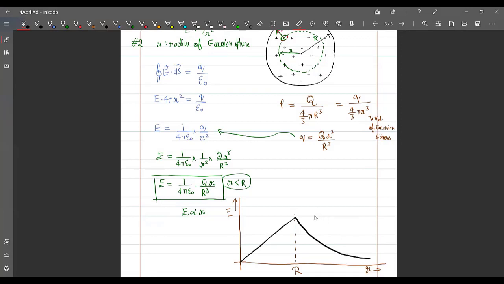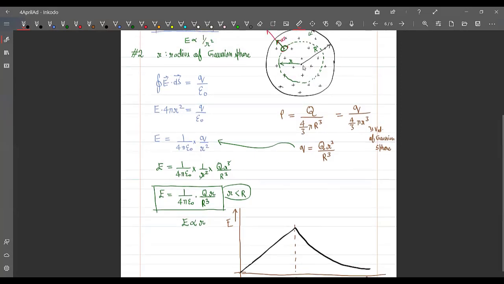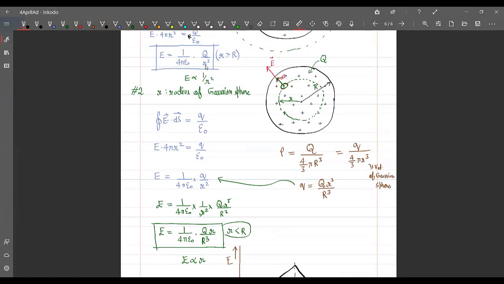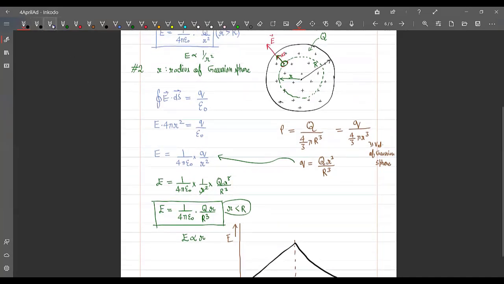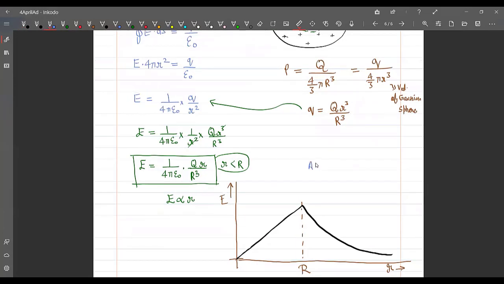Now, if you calculate the value of electric field at the surface, then instead of small r you will simply put capital R. So at the surface you'll get the same equation from both formulas. At the surface, that is when small r is equal to capital R, the electric field will be Q by 4 pi epsilon naught R square.